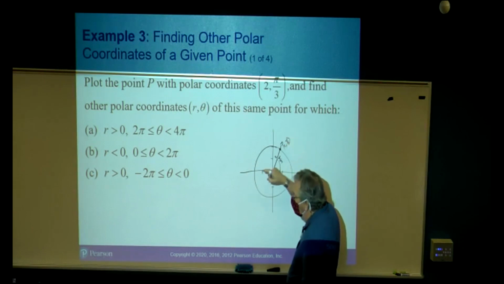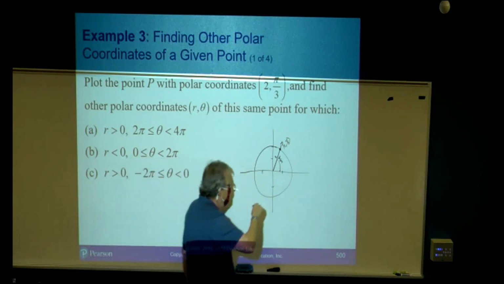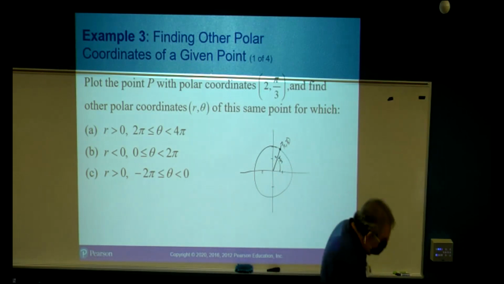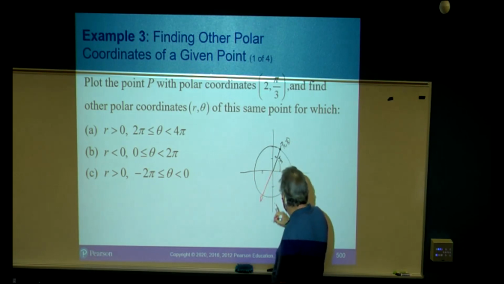Now we want it where r is negative. For r is negative, that means we have to go in this direction, and then do -2 to get here.